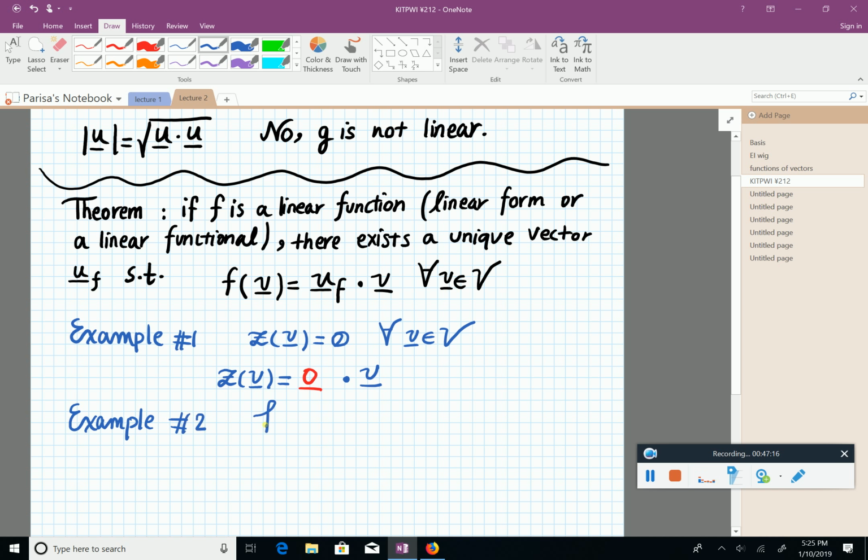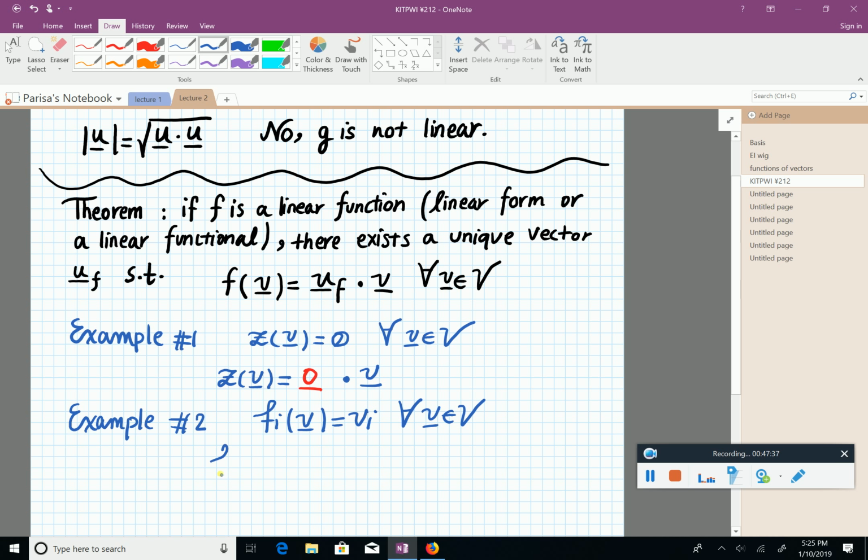The second example that we did was something like that. It was a functional which would take a vector to its ith component, right?